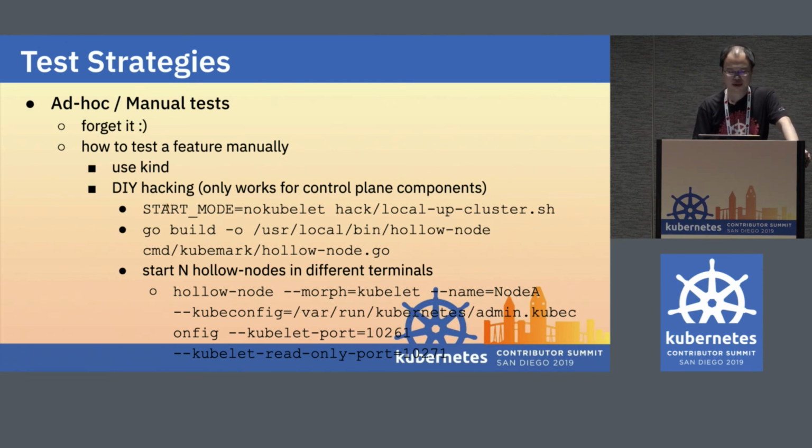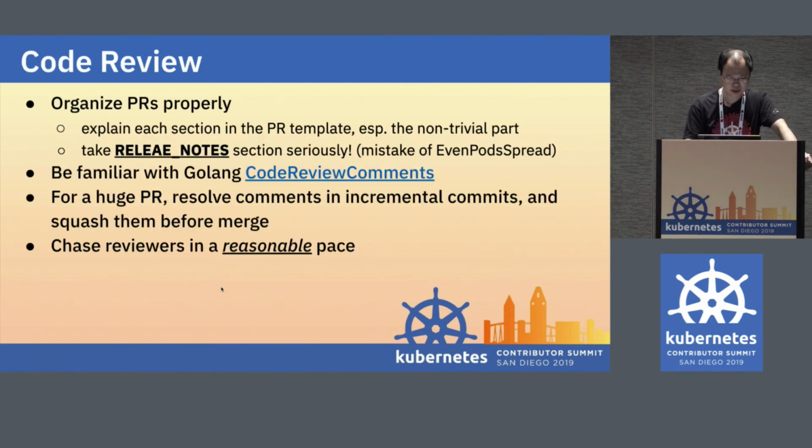I'm also using another DIY way to start a multi-node cluster, but it only works for control plane and kubelets. It's inspired by the kubemark implementation, using hollow nodes. So it's a little fancy, but you can check it out.